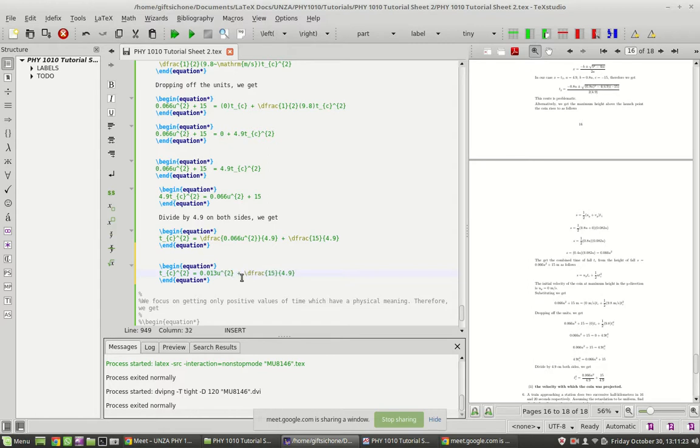Then the 15 divided by 4.9 is 3.06, which equals 3.1. Okay, leave it with that.